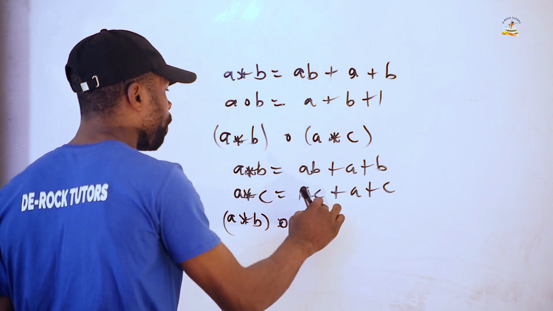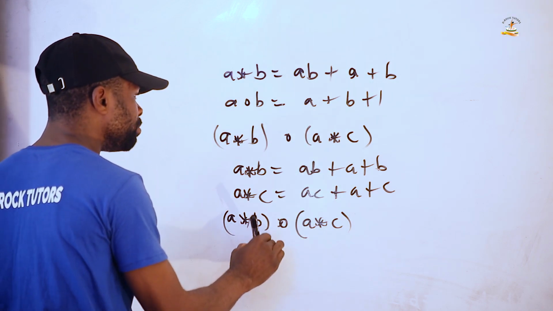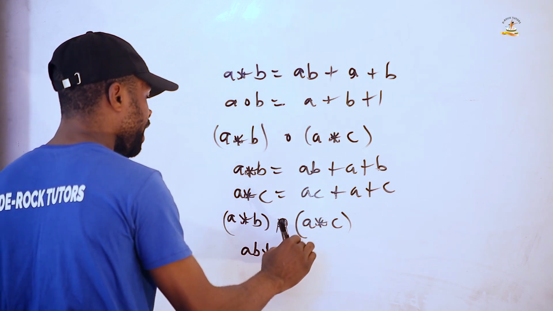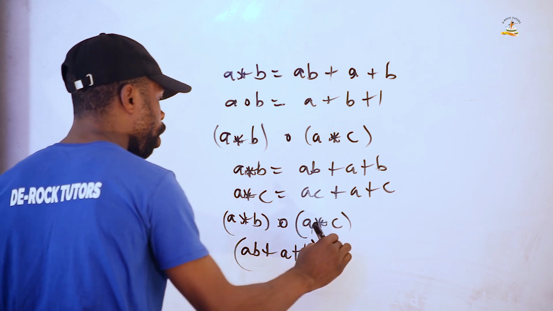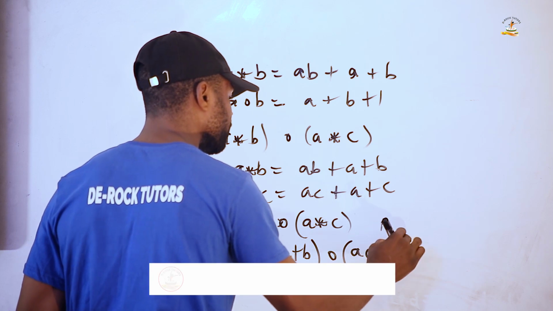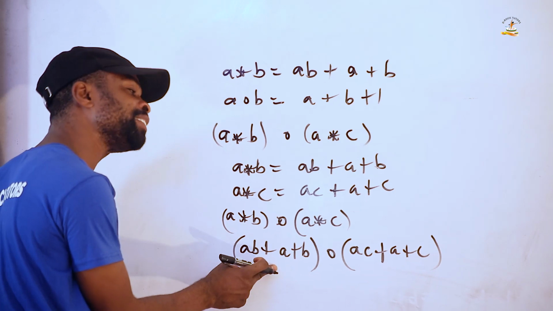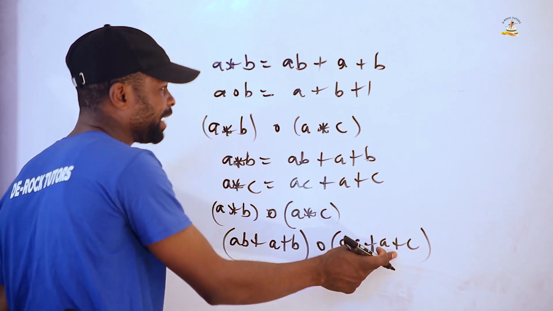We substitute. This will give us AB plus A plus B, operation AC plus A plus C. So looking at this one, we consider this one as the first, we consider this one as the second.